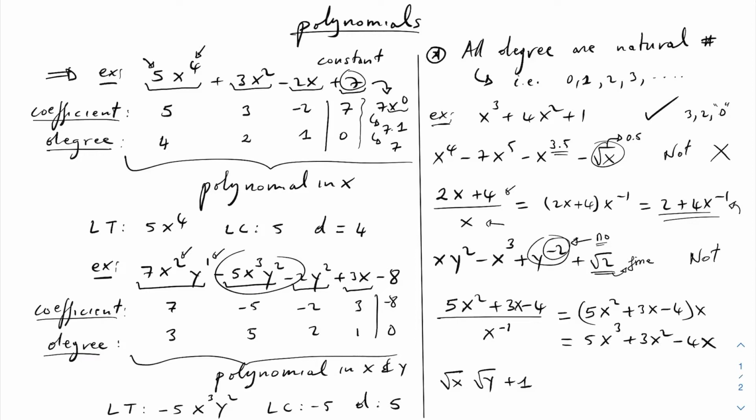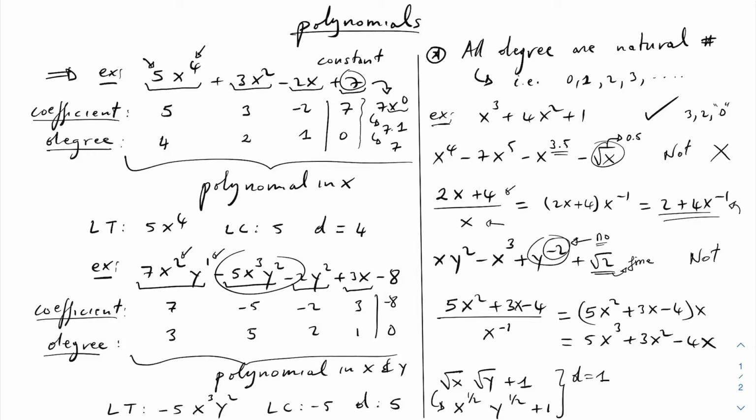Because if you wanted to look for the degree, in quotation marks, of this expression, you could say, oh, I'm supposed to sum up all the powers of all the individual variables making up each term. So you're going to have x to the power of 1/2 here, and y to the power of 1/2 here, then plus 1. And then you could say, oh, x has the power of 1/2, y has the power of 1/2. So together, the degree of this particular term is going to be 1. And so you think, oh, degree of 1. So this is a natural number.